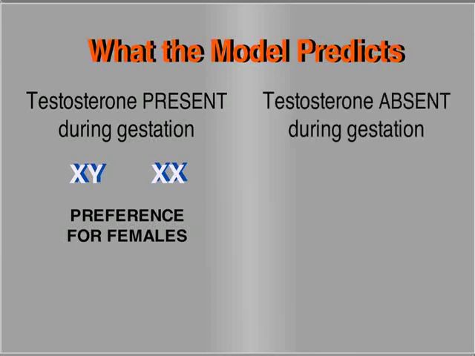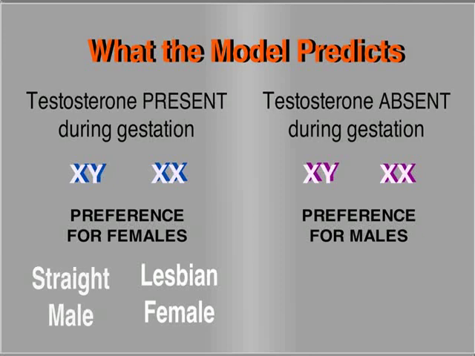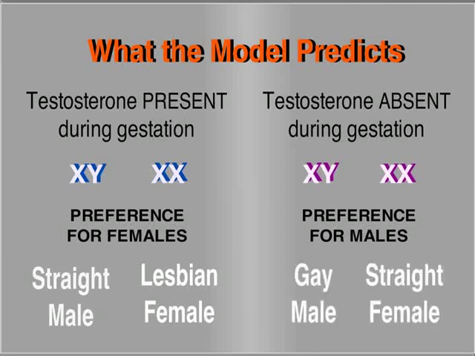If you have testosterone absent during gestation, regardless of whether you have a male or a female fetus, then the adult will be attracted to males. We call the first case straight males, the second lesbian females, the third gay males, and the fourth straight females. And this is the model that I want you to keep in mind as we look at the different studies that have been done.